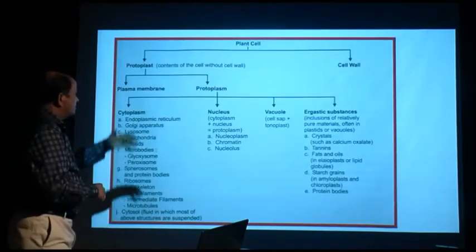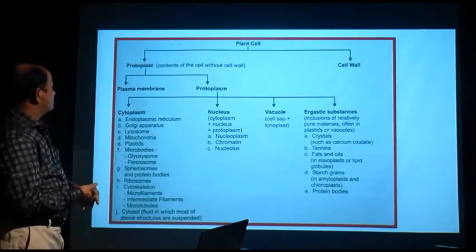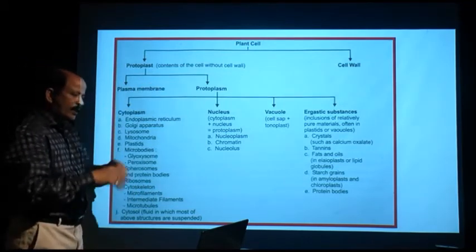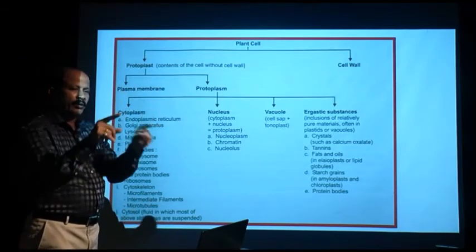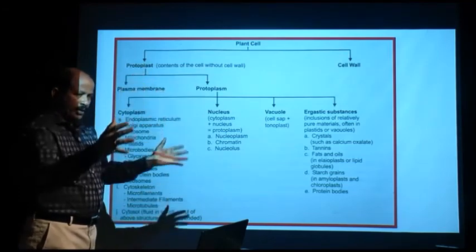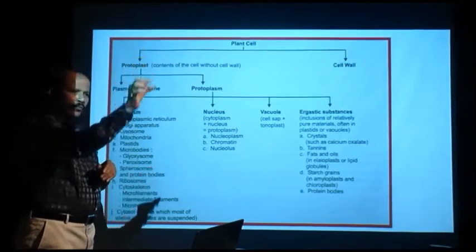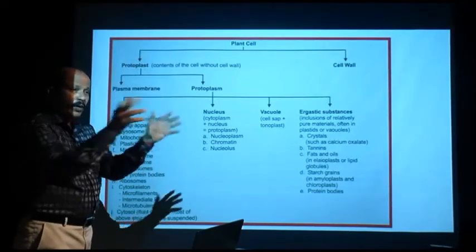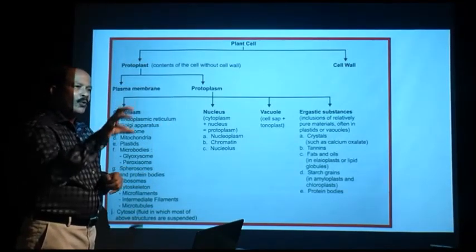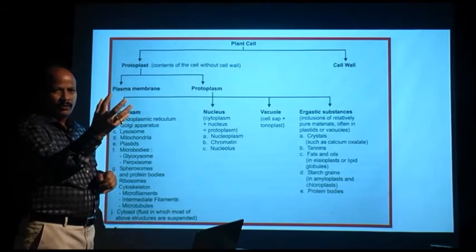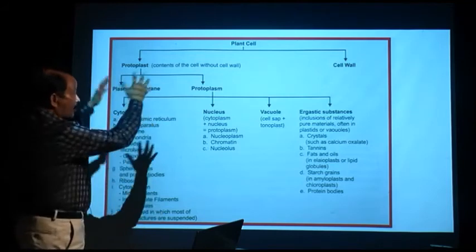Now you can look at this table: the plant cell, protoplast, cell wall. Whatever the shape of the cell may be, hexagonal in outline, or spherical, or more columnar, when the cell wall is removed, the protoplast becomes a sphere, because that sphere fits according to the cell wall.